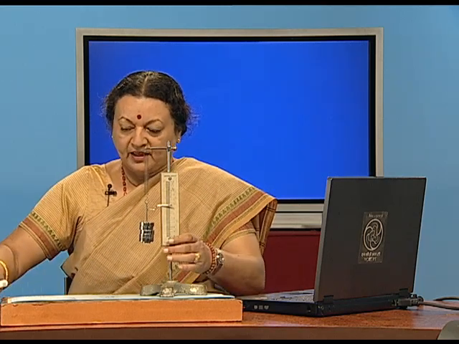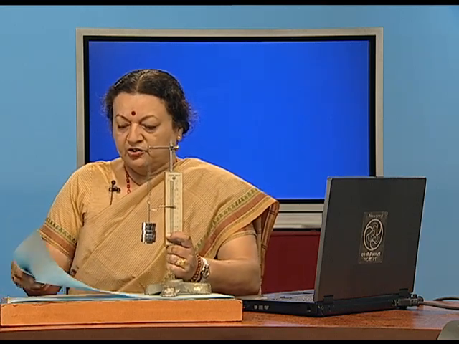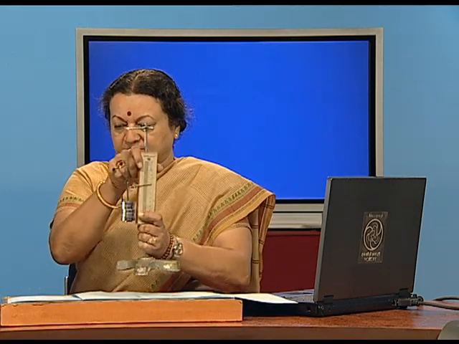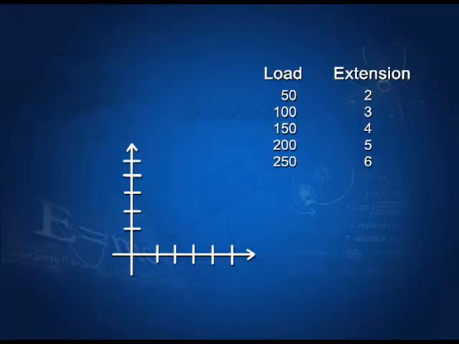Noting this down, we can plot a graph for this, and let me show you what this graph will look like. For the moment, I will remove this. These are our measurements. We loaded the spring and these are our extension values as recorded from the scale attached to the spring.